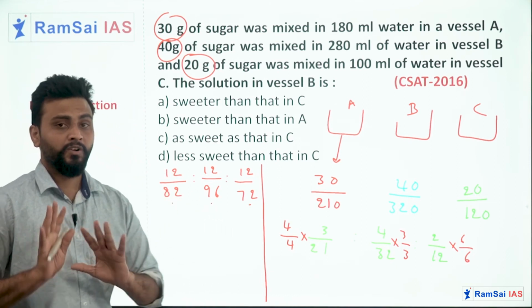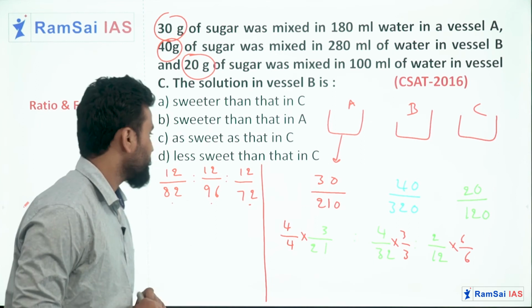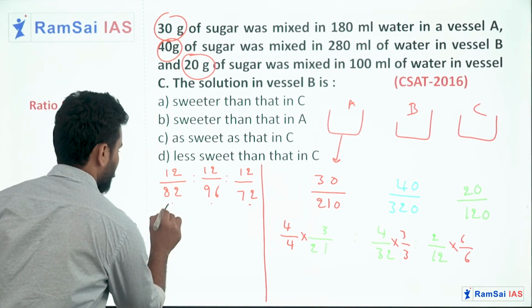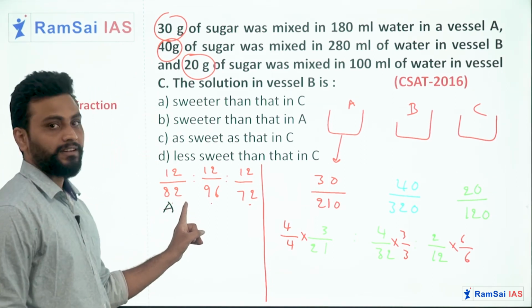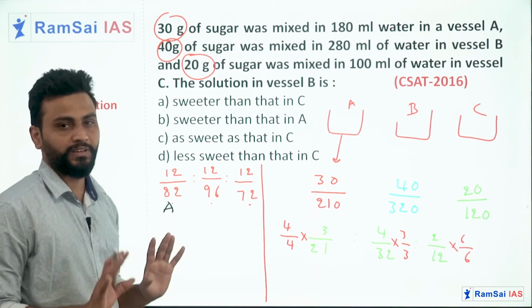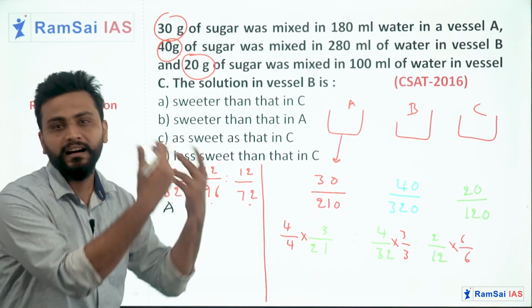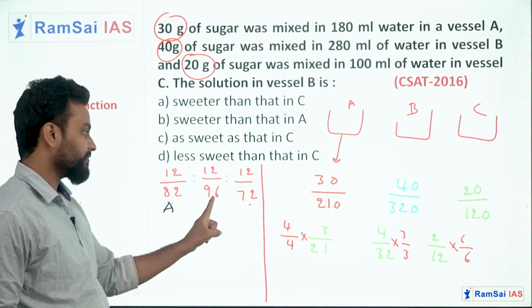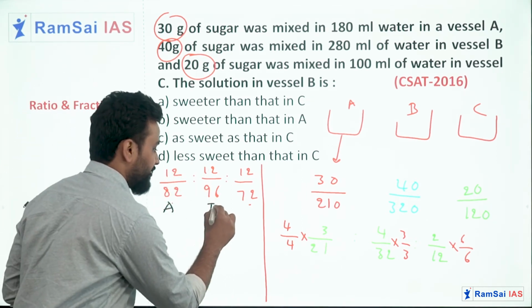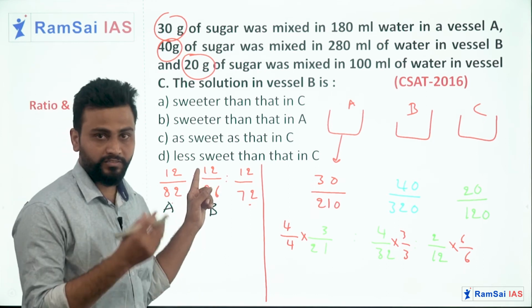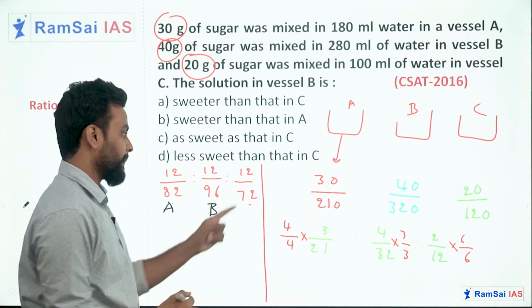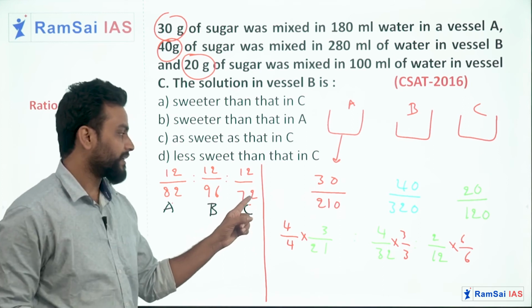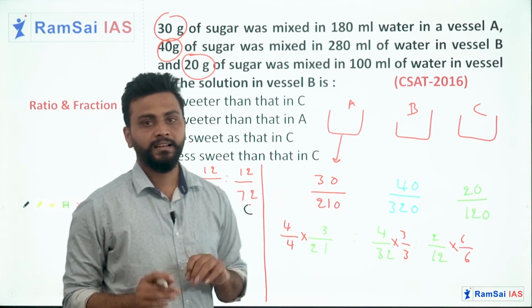So from this we can understand that in vessel A, out of 63 liters of solution, we have 12 liters of sugar. Just imagine whether it is ml or liters or grams, anything. Out of 96 in vessel B we have 12 parts of sugar. In vessel C, out of 72 parts, 12 parts are sugar.